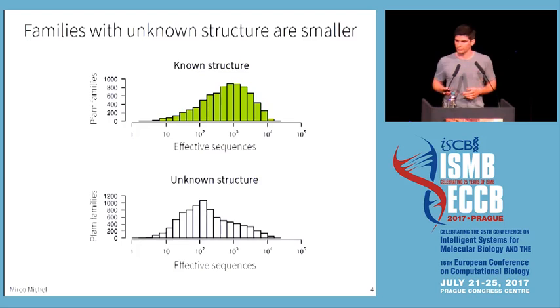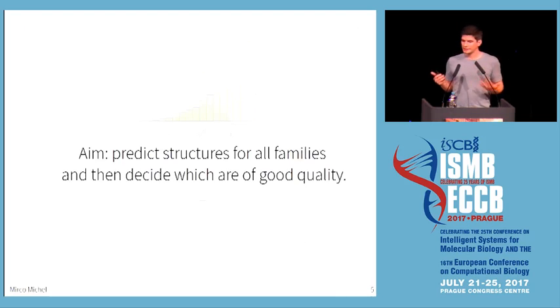It's a bit more robust. And the families that don't have a known structure tend to be much smaller. So what we want to do is to predict structures for all of them, and then afterwards look at the models and see which of them are good and which are bad, or if we can pick up some families that have a good model.